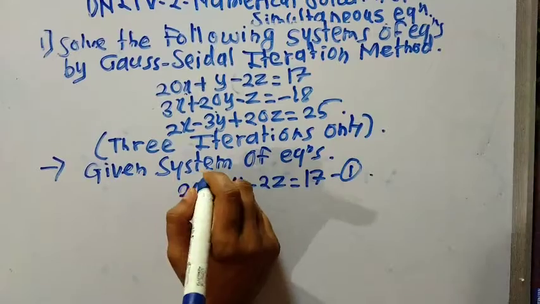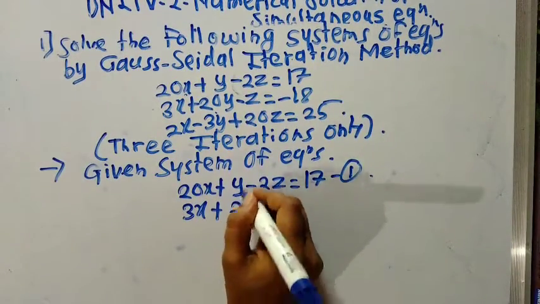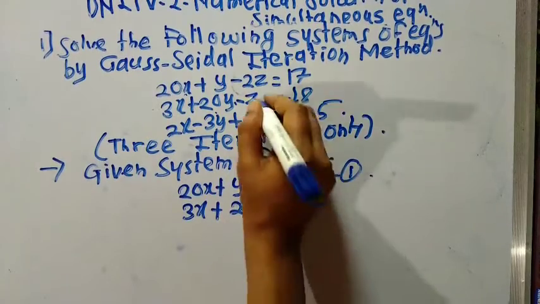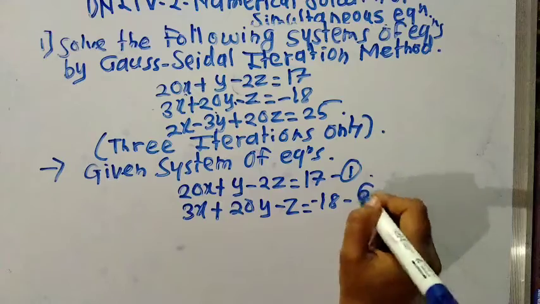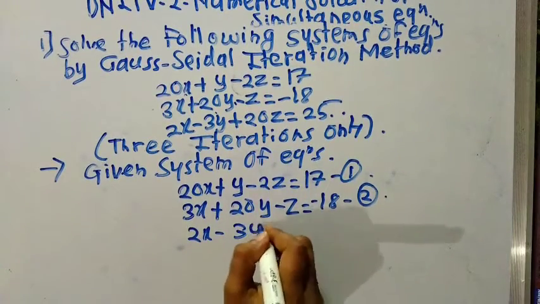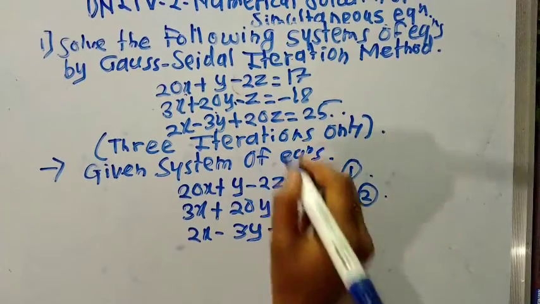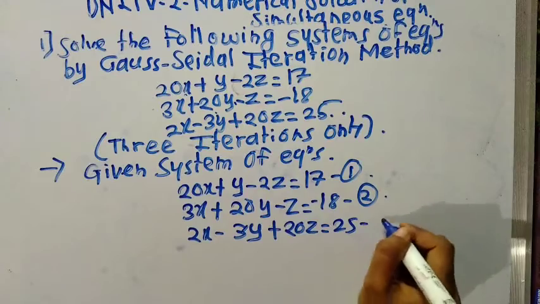Second is 3x plus 20y minus z is equal to minus 18. And third is 2x minus 3y plus 20z is equal to 25.